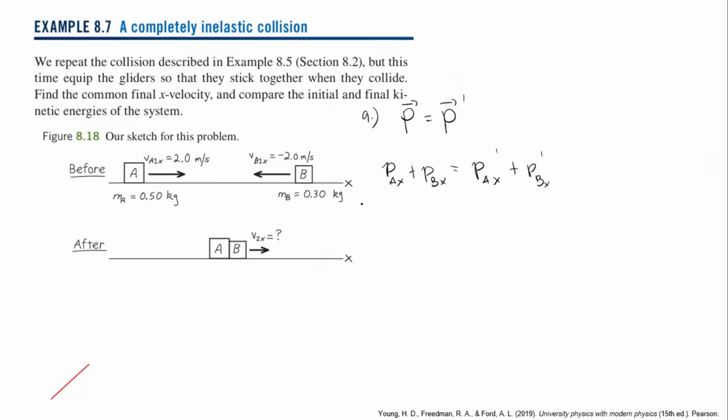So next we have MA, the mass of A, times the velocity of A in X, plus the mass of B times the velocity of B in X, equals the mass of A times the velocity of AX prime plus the mass of B times the velocity of BX prime.